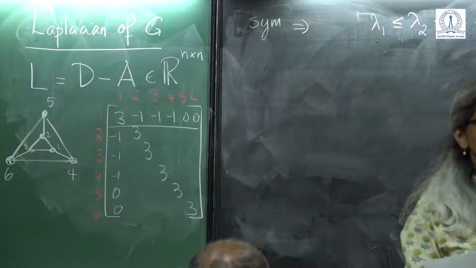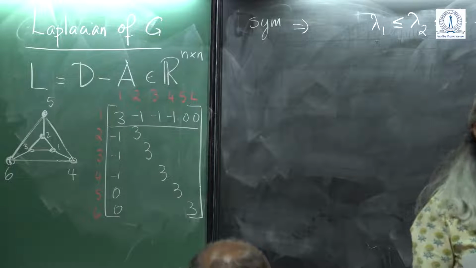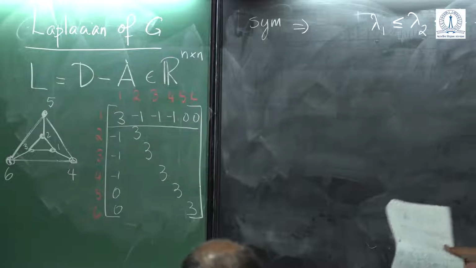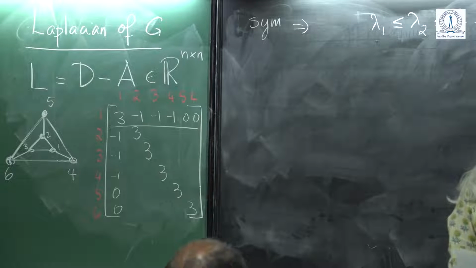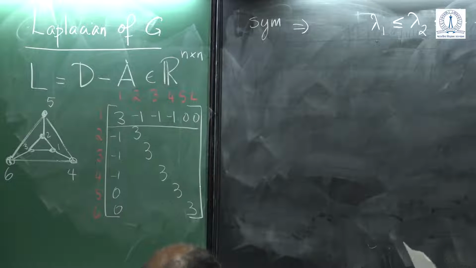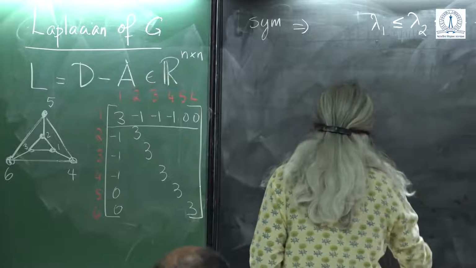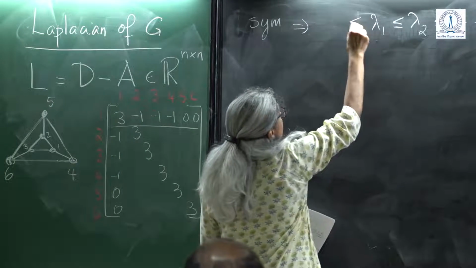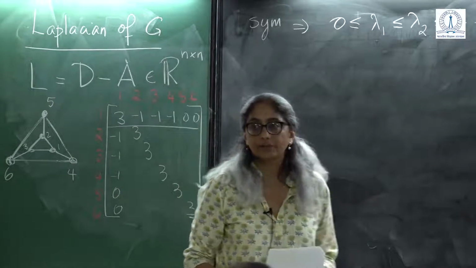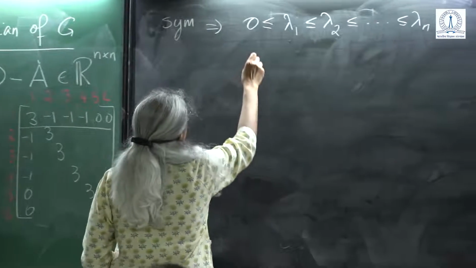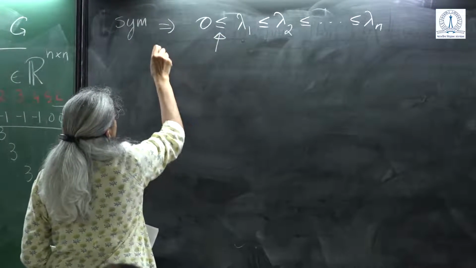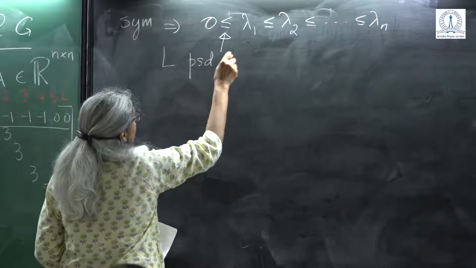There are many other definitions, and we will see at least one more in a short while. So for right now, let's remember that. We know that the smallest eigenvalue, whatever it is, has to be greater or equal to 0. This is coming from the fact that the Laplacian is positive semi-definite.